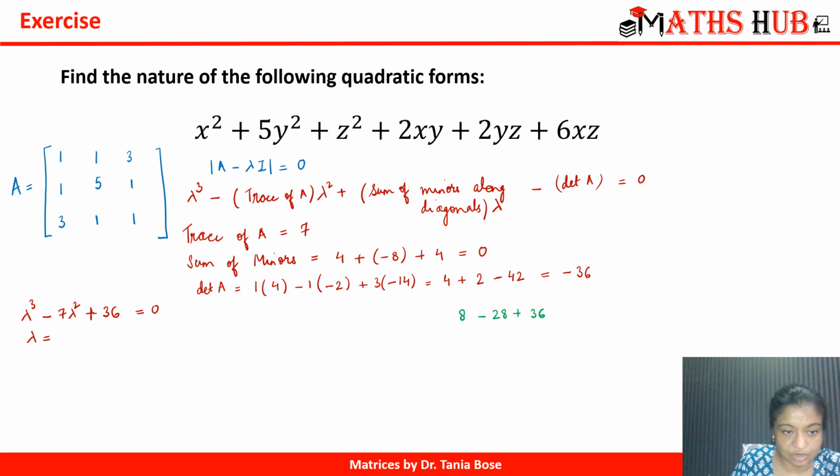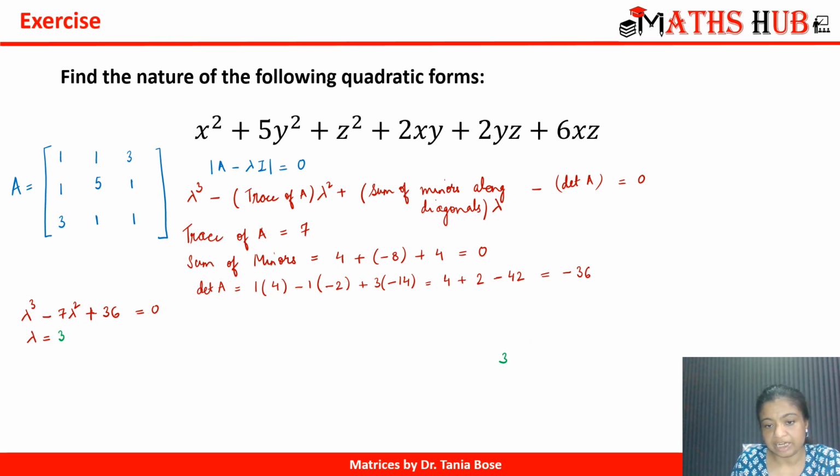Nowhere it is becoming 0. Let us try with 3. 3 threes are 27 minus 3 threes are 9, 9 sevens are 63, and we have here 36. So can this be one of the solutions? Yes. So lambda equal to 3 is one of the possible roots of your equation, right?